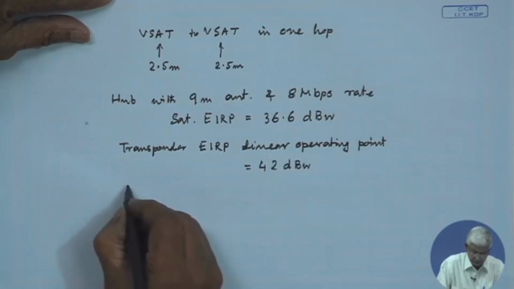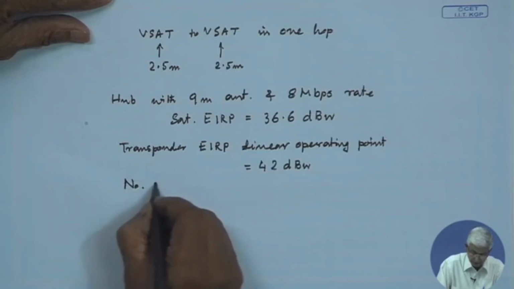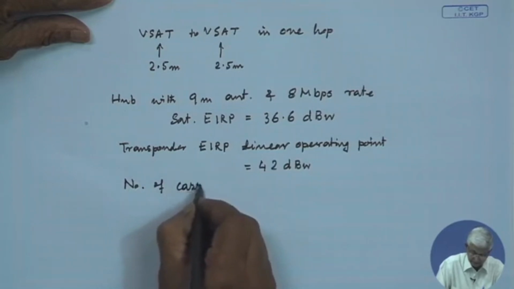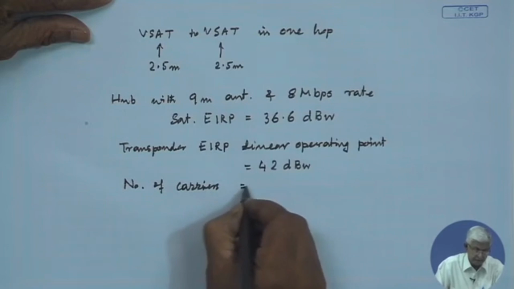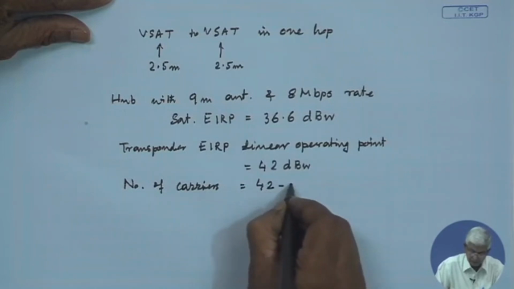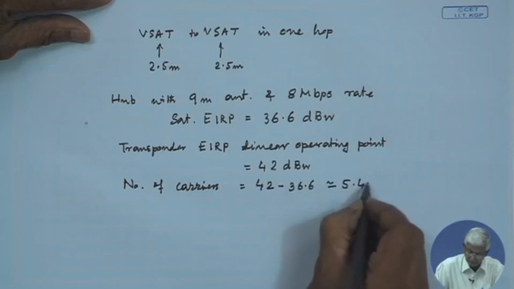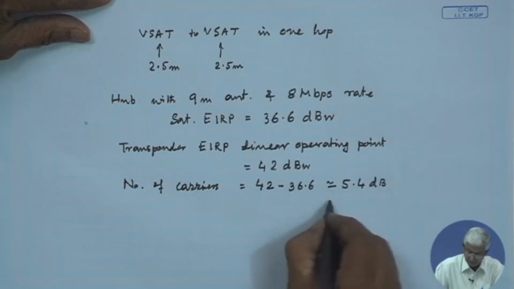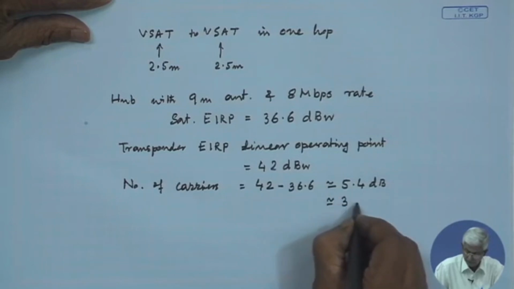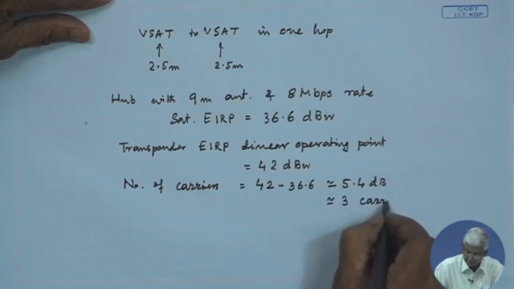So, the number of carriers is 42 minus 36.6 is 5.4 dB, which corresponds to roughly about 3 carriers.